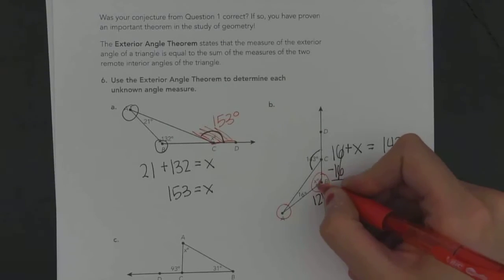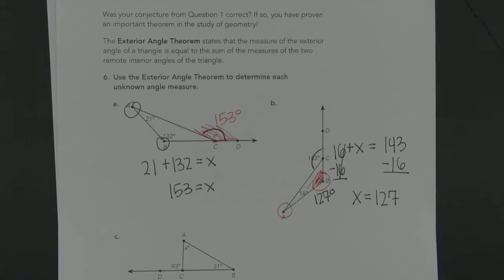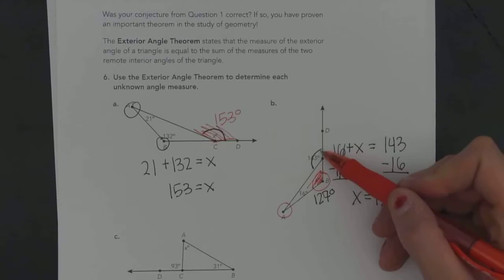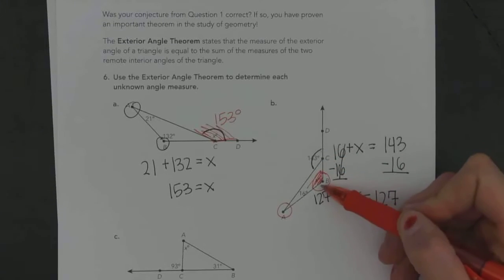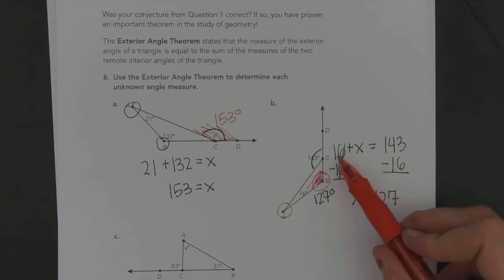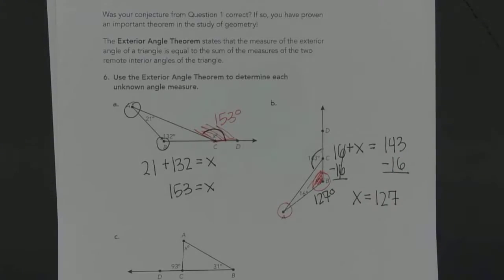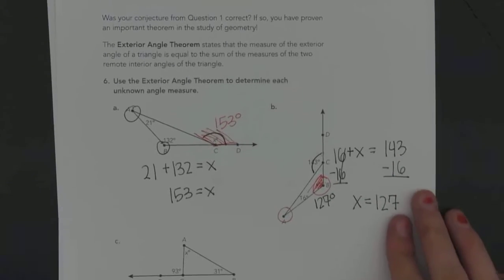And again, it is an obtuse angle, so that kind of makes sense that it would be 127. And I found that by saying the exterior angle should equal the sum of the two angles inside that do not touch it. So that is x and 16. So I said 16 plus x equals 143, and I solved it like a one-step equation.